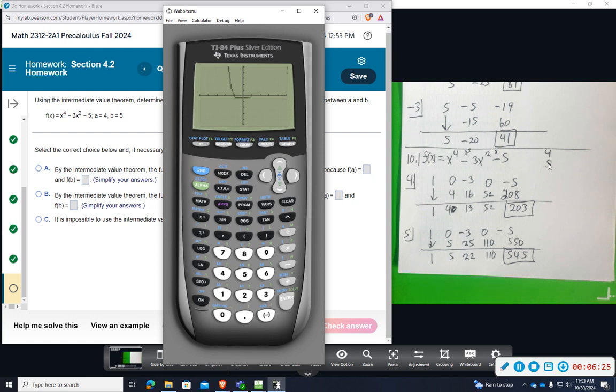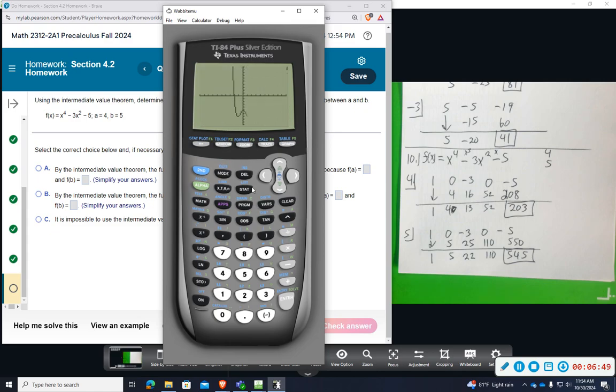As long as these numbers are in the viewing window, we're going to be good. If I go to window, just to make sure, my x goes negative 10 to 10, which is good. This graph window is a little bit different, it looks like it's not the standard scale. So let me say zoom 6 for standard window.